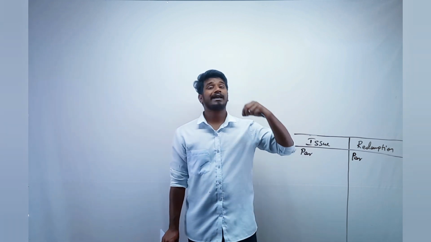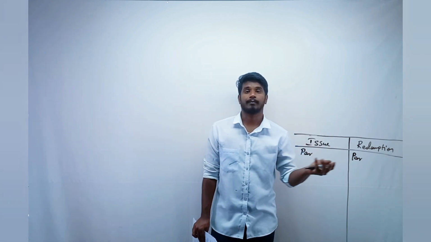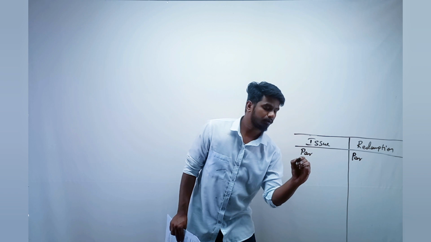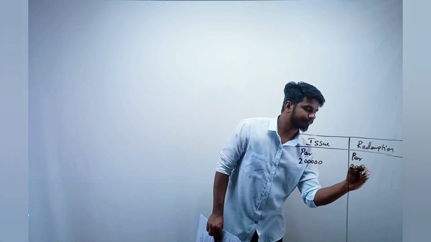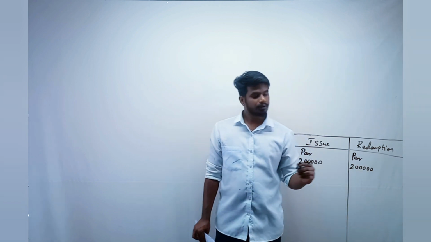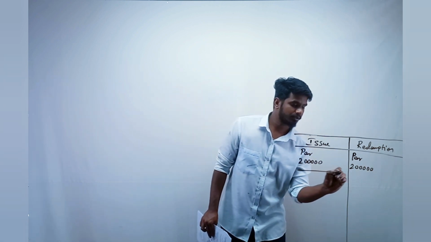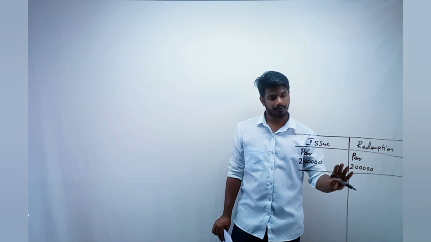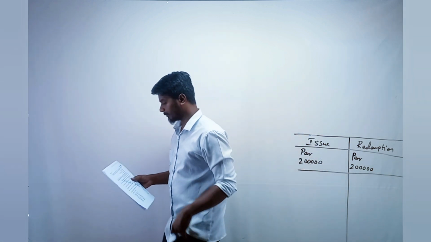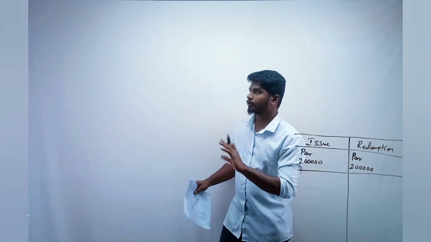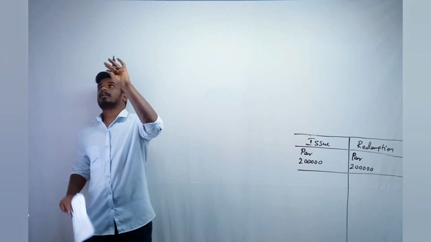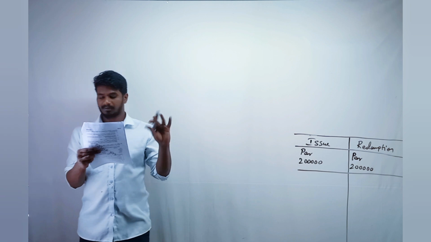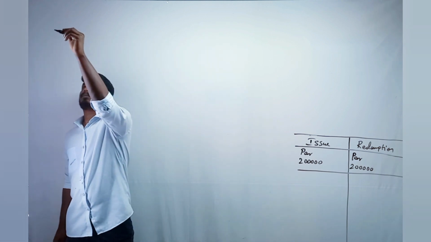So there will be no discount, no premium. So straight away 2 lakh issue, 2 lakh redemption, right? So this is the first one, and with this you should do one more thing. Let us do that. So the first entry will be, issue at par, right, okay.